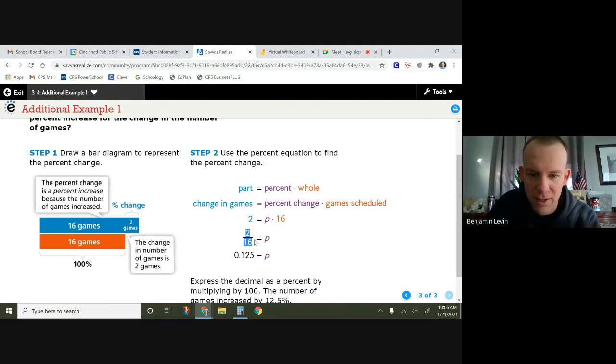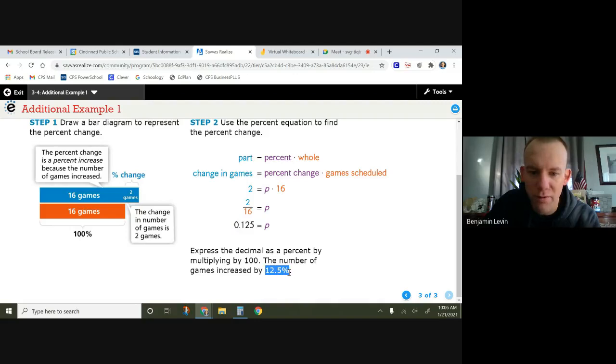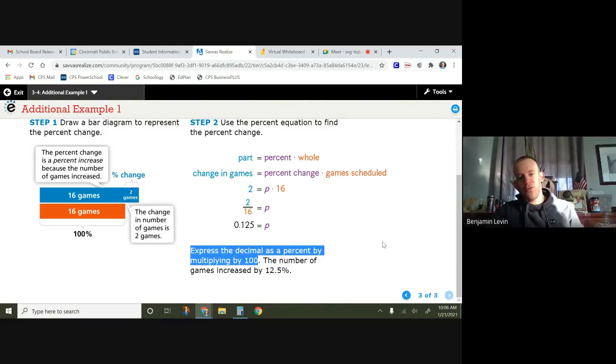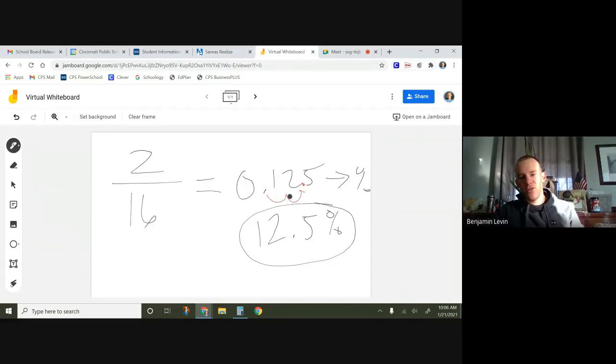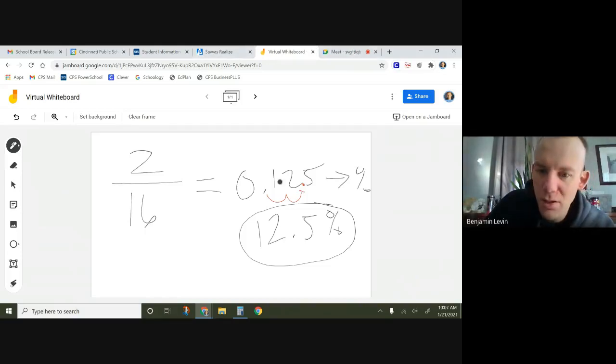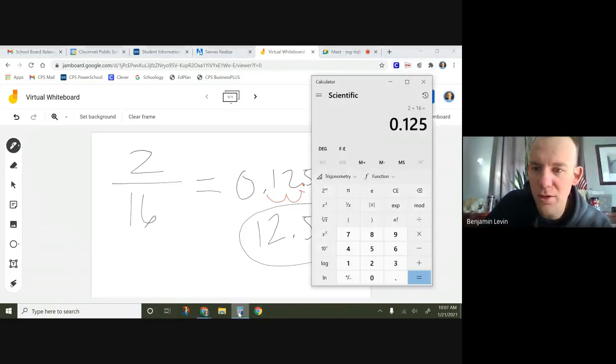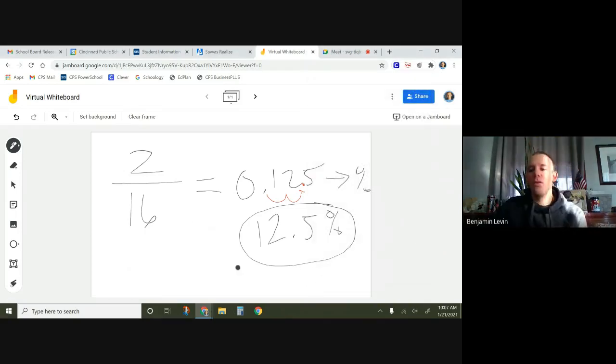So 2 divided by 16, 0.125, which is 12.5%, right? We can make a decimal into a percent by multiplying by 100, which is the exact same thing as just moving it 2 spots to the right. I'll demonstrate that. 0.125 times 100 equals 12.5%. All right.